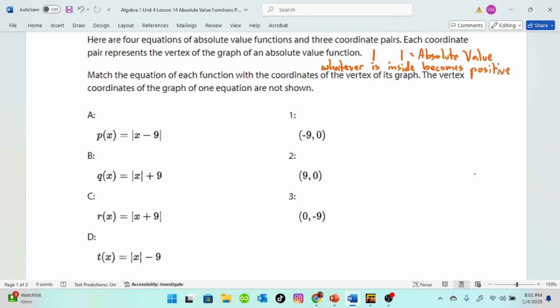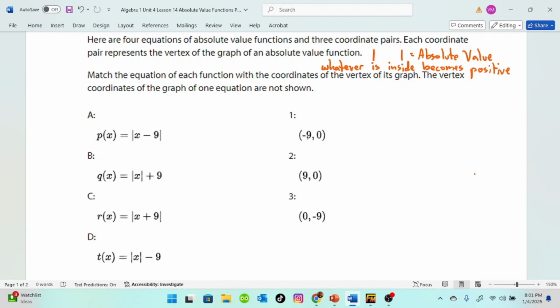So, if I were to take this negative 9 and try it in A, then negative 9 minus 9 would become negative 18, and that negative 18 would become positive 18. So that doesn't match.